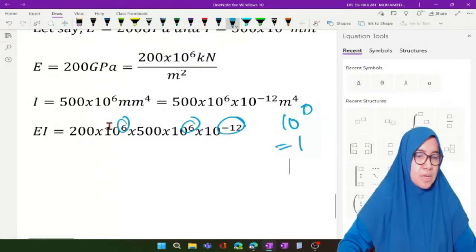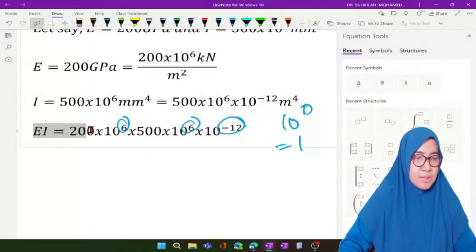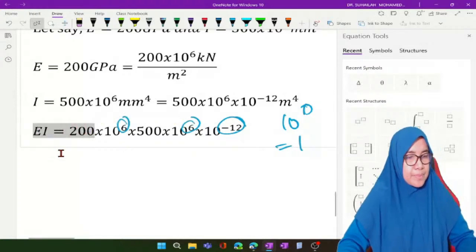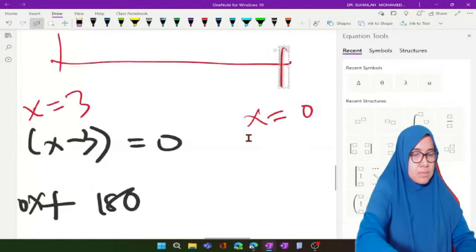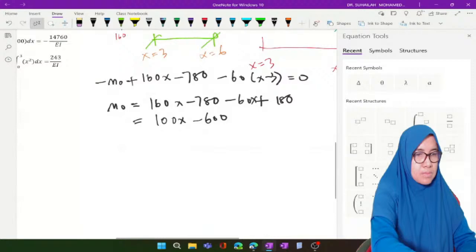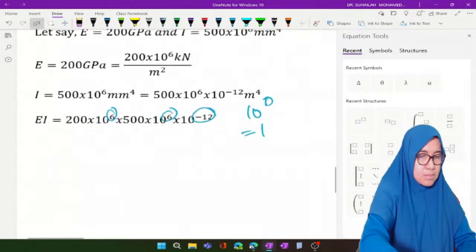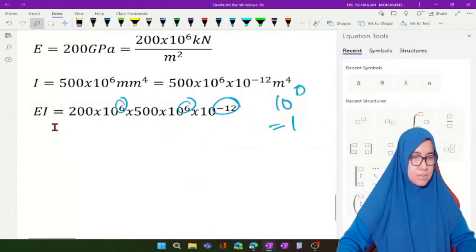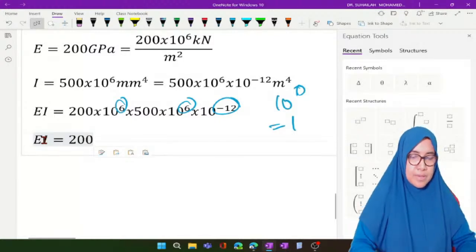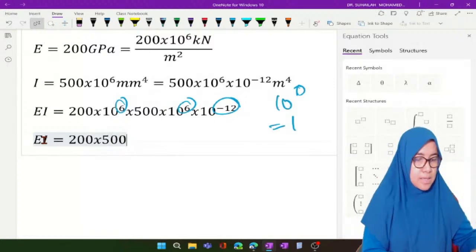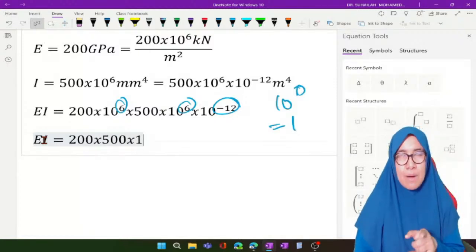So that is why normally we consider EI is just like this. (200) times 500 times 1 actually, because 10 power of 0 is equal to 1.